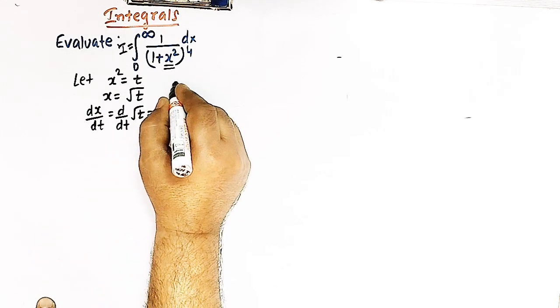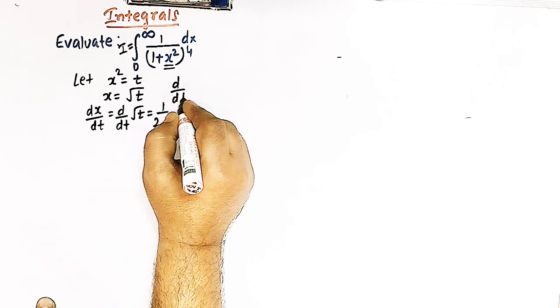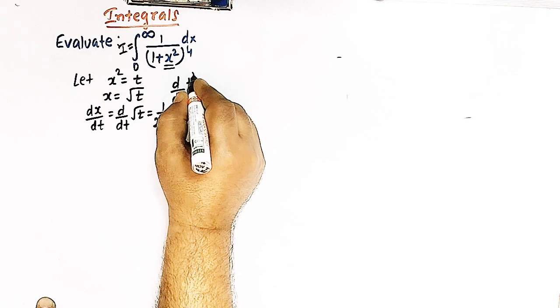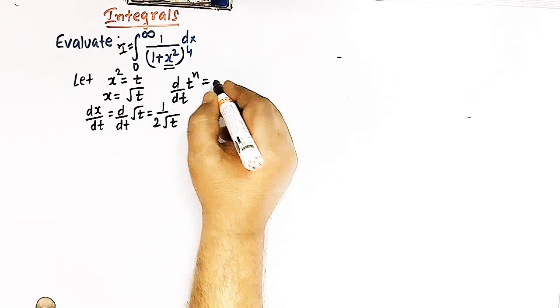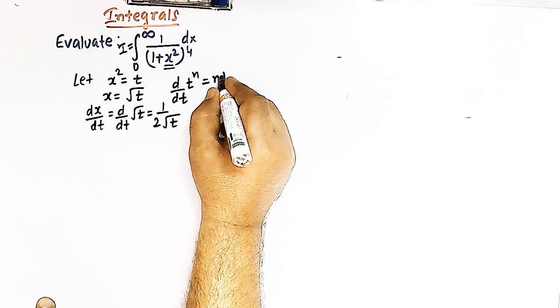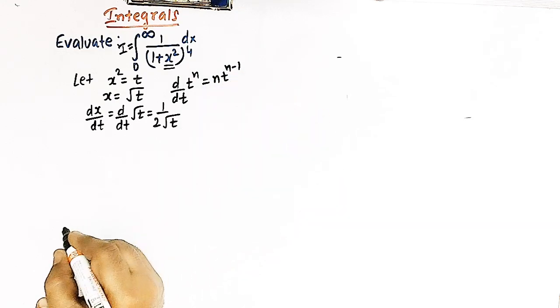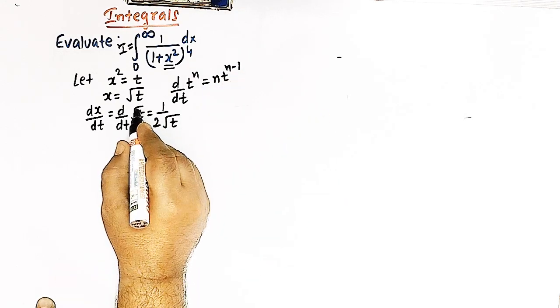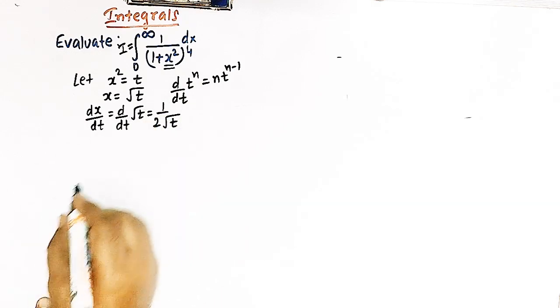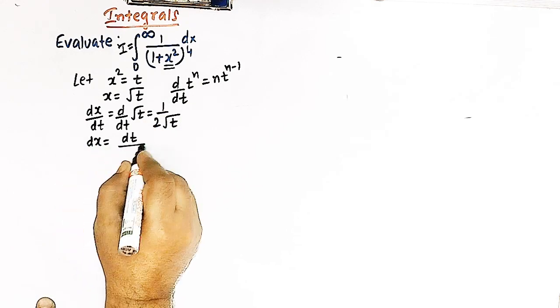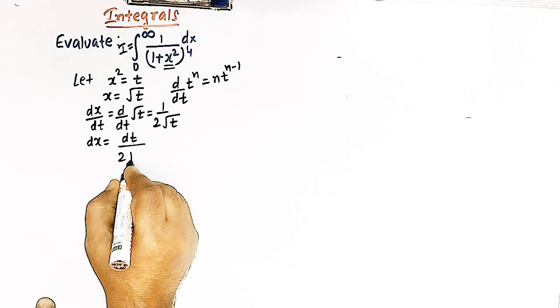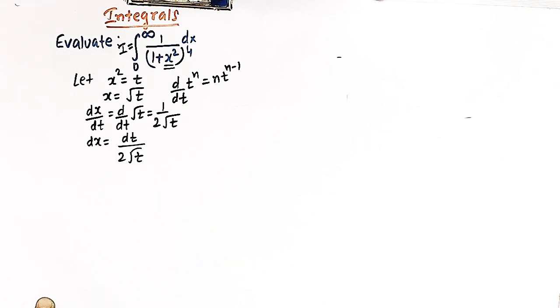Here we have used this result, that is the derivative of t raised to n with respect to t is n times t raised to n minus 1. Here the value of n is half, right? So we now have dx is equal to dt divided by 2 times square root of t.